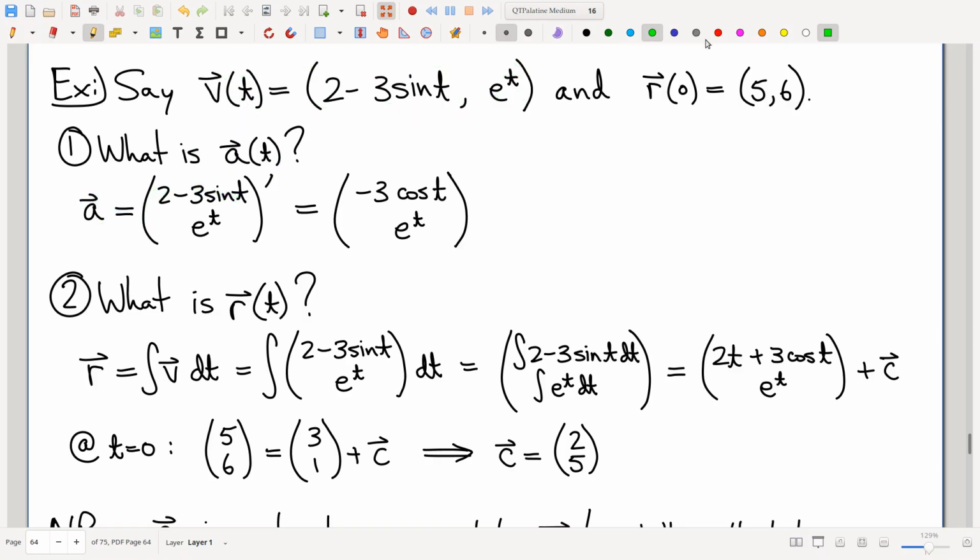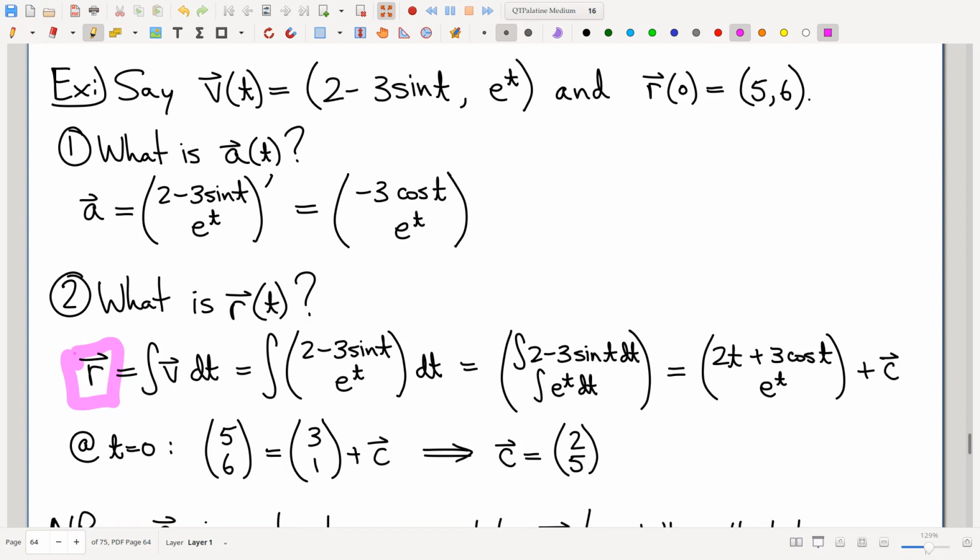What is position? Okay, wow, let's see, I'm going to have to think about that. Position, okay, the derivative of position gives you velocity. So if you turn that around backwards, position is the antiderivative of velocity.